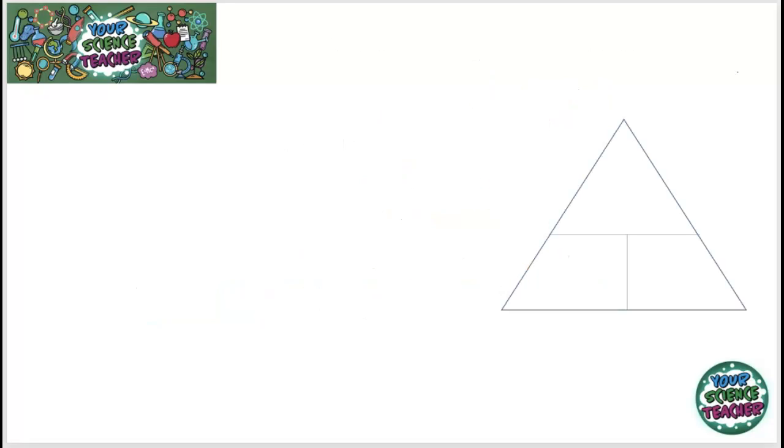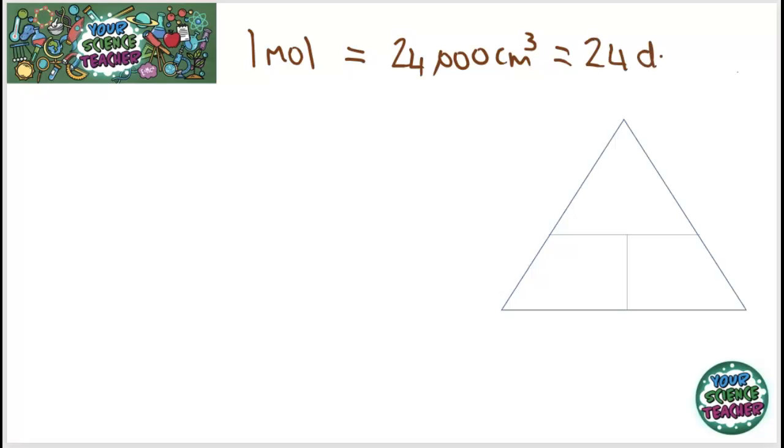I can also work out the number of moles that I have in a gas, because 1 mole of gas always occupies the same space, which is 24,000 centimeters cubed, which is the same as writing 24 decimeters cubed. So the way to work out the number of moles is by doing moles equals the volume of gas that you have divided by 24 decimeters cubed.